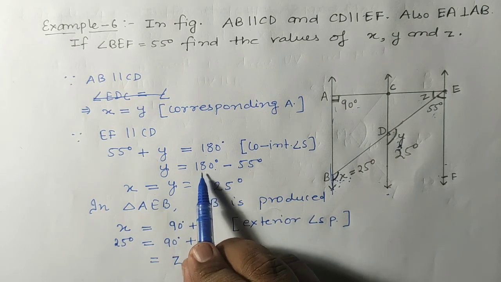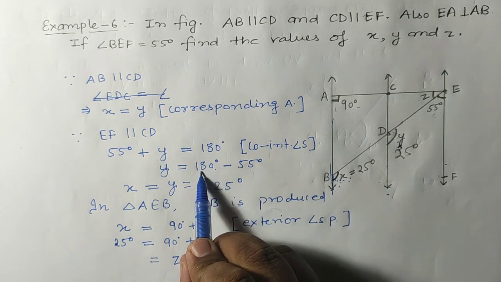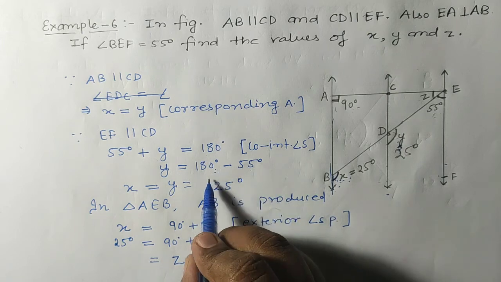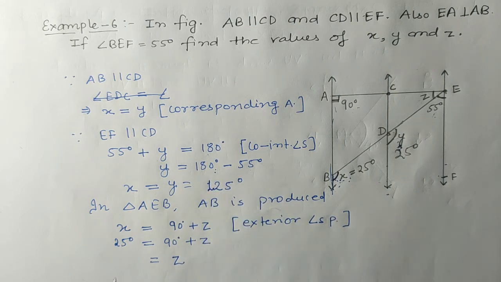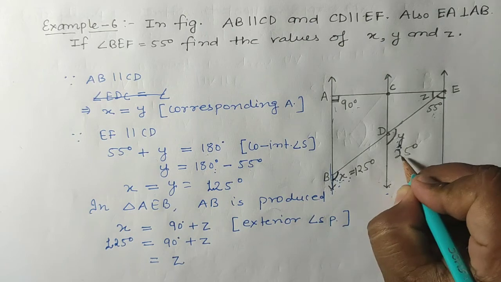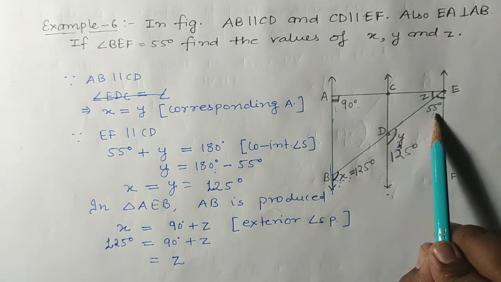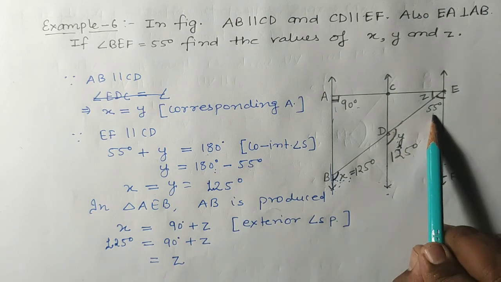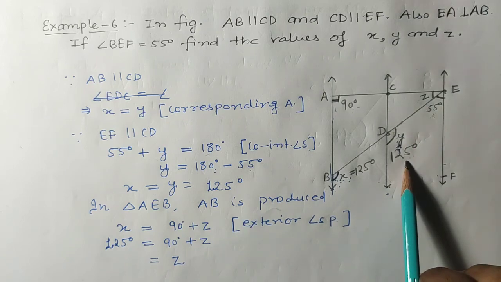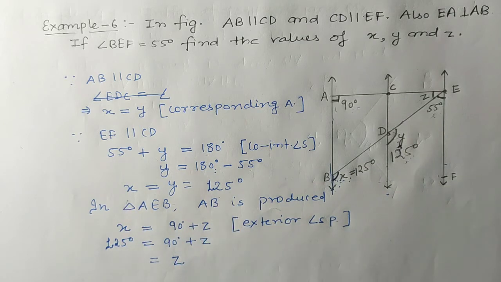One thing here: one mistake we made, that 180 minus 55 degrees is 125 degrees. So here also it will be 125 degrees, meaning the values of X and Y are equal to 125 degrees, because if we add 55 degrees plus 125 degrees, it will be 180 degrees. So X is equal to 125 degrees.